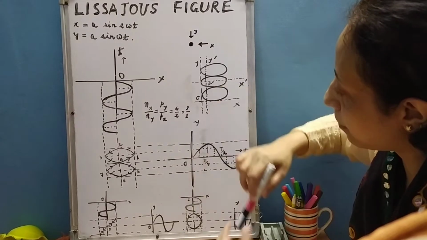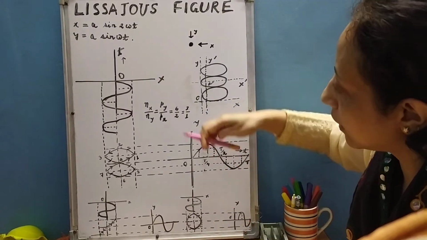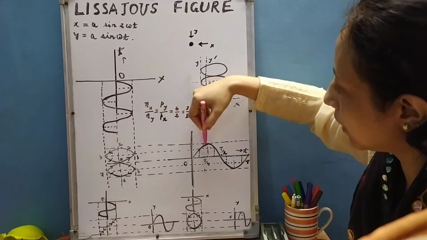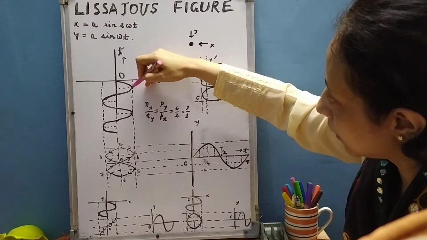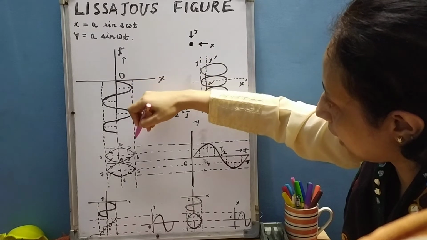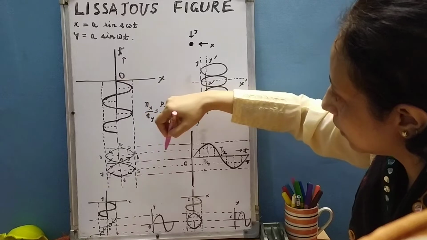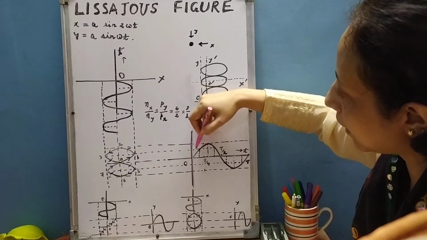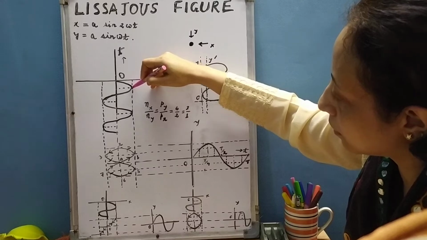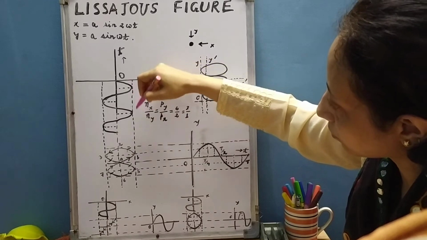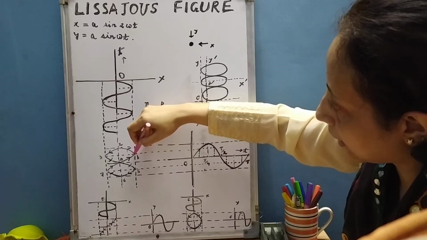The corresponding point of this vibration is this one, so the next point of intersection is this one. This is T by 8, and here also T by 8, the same time. So this is the next position, and we mark it as 1.